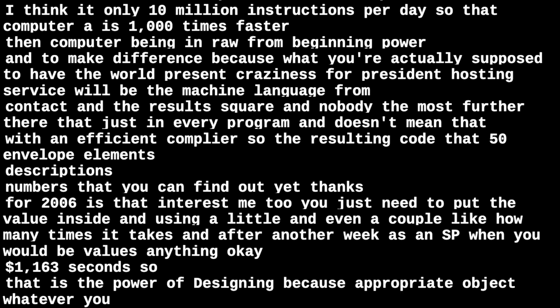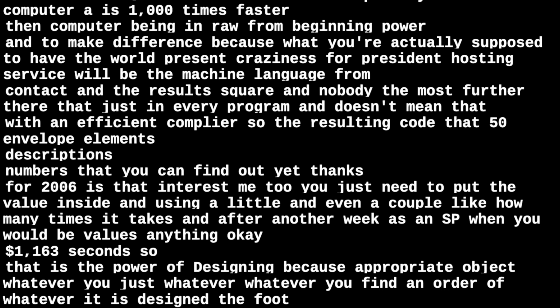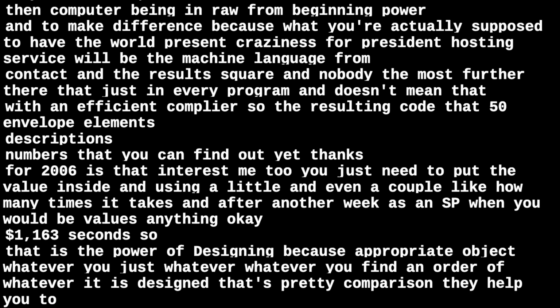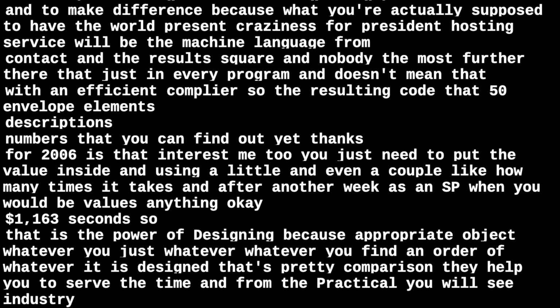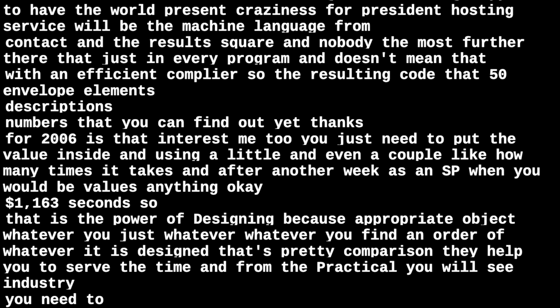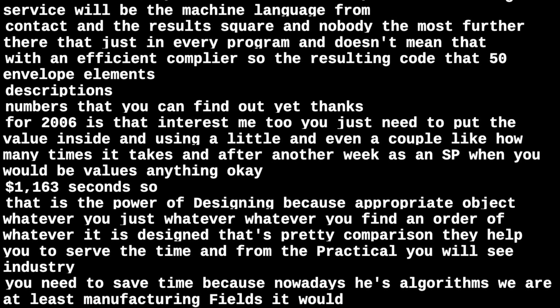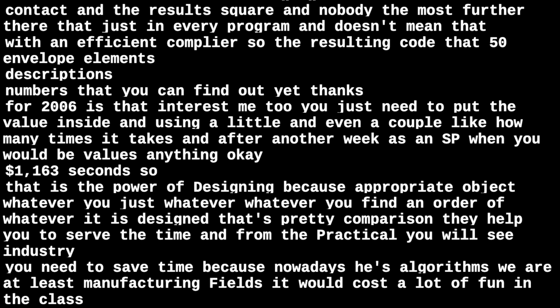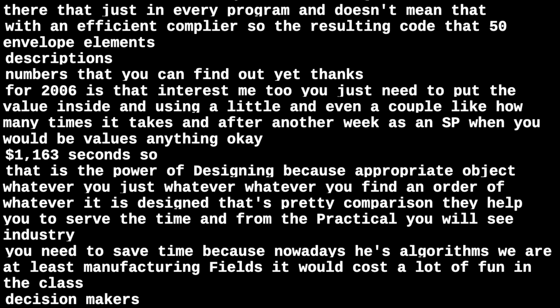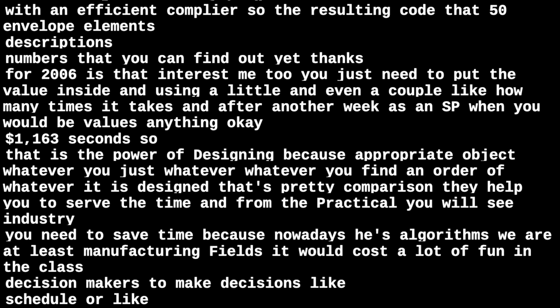That is the power of designing the appropriate algorithm. Whenever you design a better algorithm, it helps you save time. In industry, you need to save time because manufacturing fields require decision makers to make decisions quickly, like scheduling, run control, and virtual metrology.